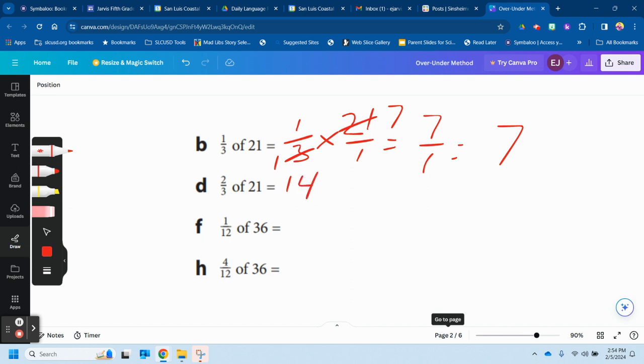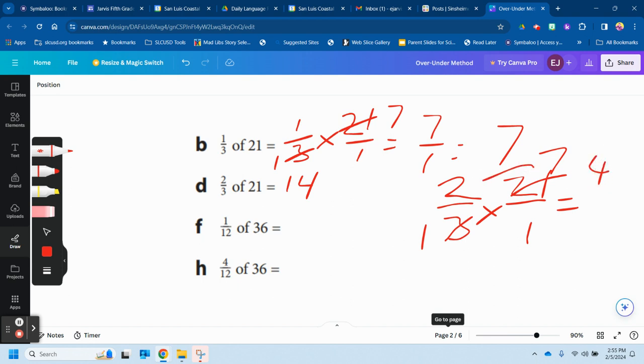Absolutely. So we can test it. 2/3 times 21 equals, well, simplify again, same way. I get 7. 2 times 7 is 14 ones. Okay, I'll let you do the rest on your own.